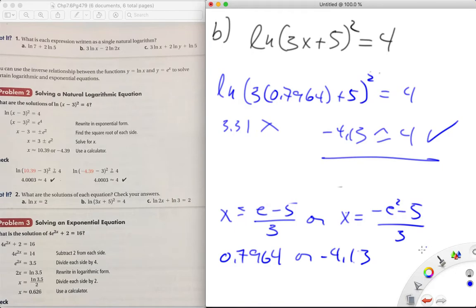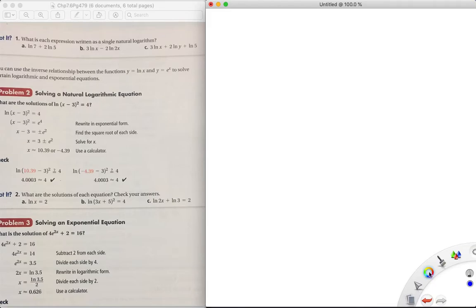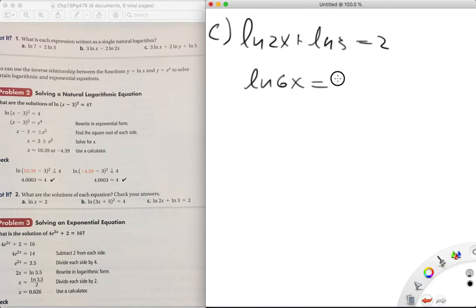Okay. And then for C, we have ln of 2x plus ln of 3 equals 2. I'm going to combine these and say this is ln of 6x equals 2. Raise both sides to the power of e, and I have 6x equals e squared.